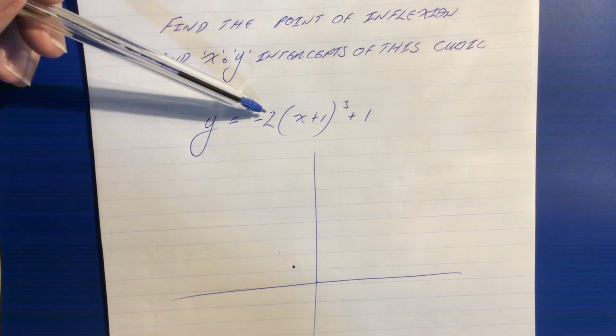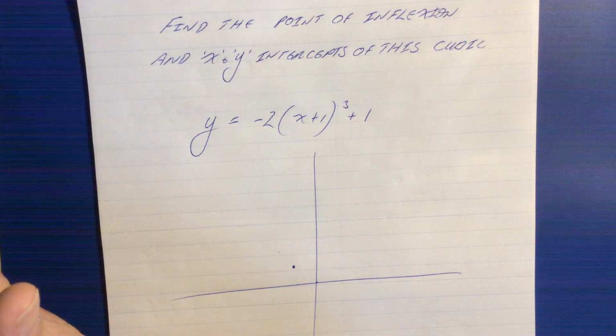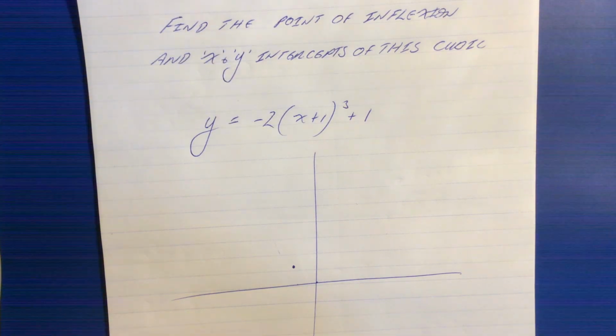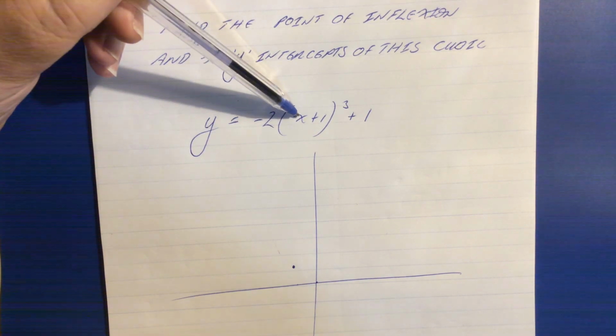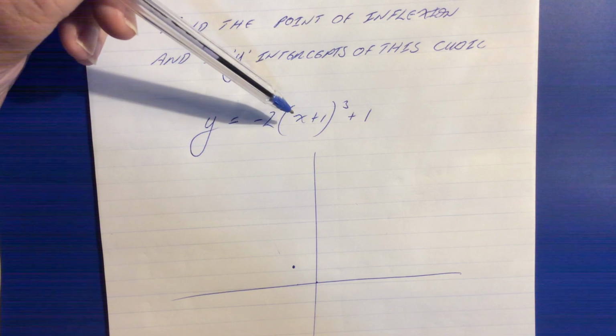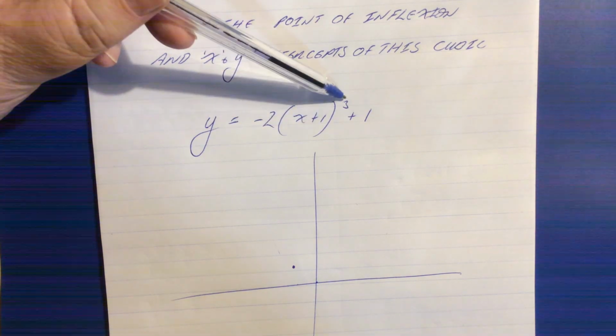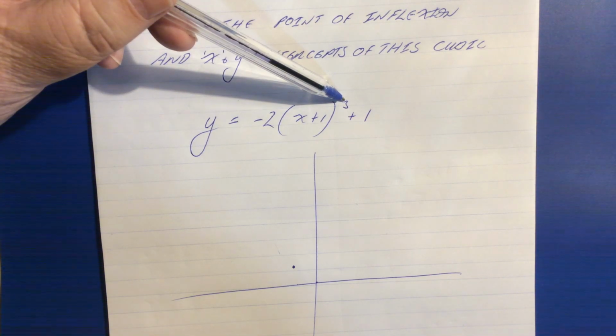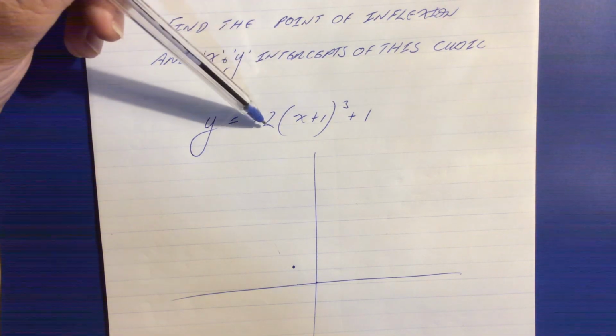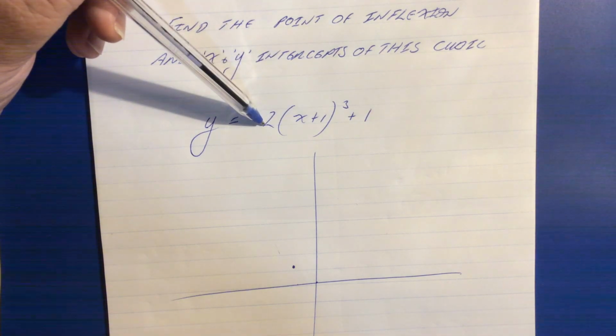What is the y-intercept? Well, if we make x equals 0, we can find the y-intercept. So if x equals 0, this is 1. 1 to the power of 3 is 1 times negative 2.